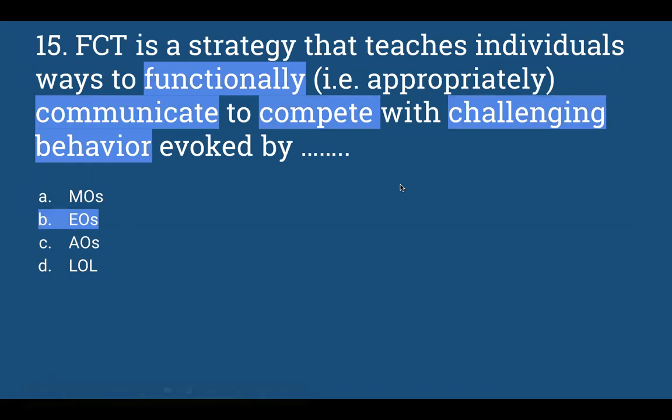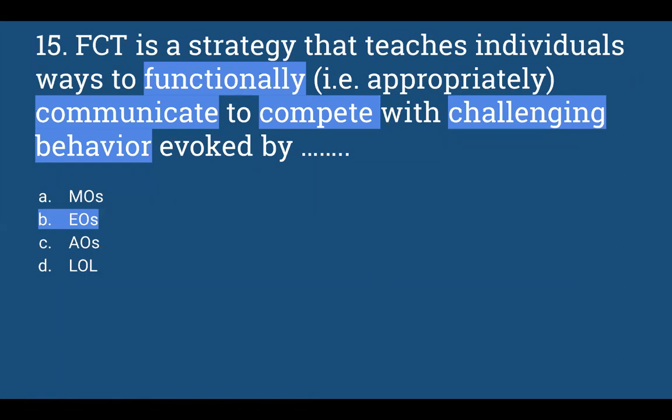That one I think requires a little bit of explanation, because when you use FCT, you want to increase communication. EO is establishing operation. MO meaning you gotta want it. AO is abolishing. LOL obviously is not one of those terms. So just for us to learn test-taking skills, why is it not MO?